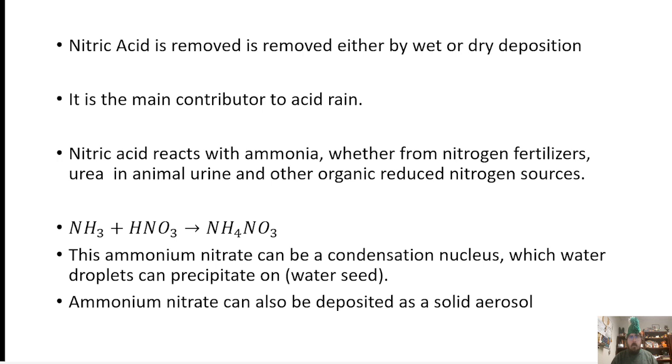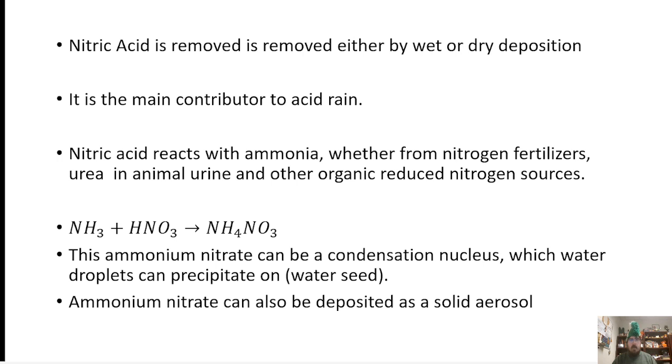So it's going to remove this from the atmosphere and put it into our water and soil. This nitric acid that's formed in this complex process is the main contributor to acid rain. Now, this nitric acid can react with ammonia, whether from nitrogen fertilizers, urea, animal urine, or other reduced nitrogen sources, to form ammonium nitrate.